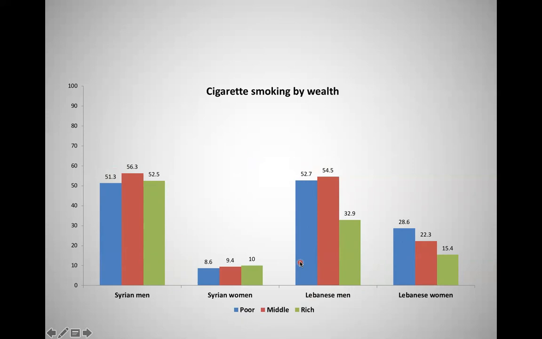The blue is the poor, the red is the middle income, and the green is the rich. And you see the different rates of smoking. How would you interpret that? And then here you have it for Lebanese women. Blue is poor, red is middle income, and green is rich.